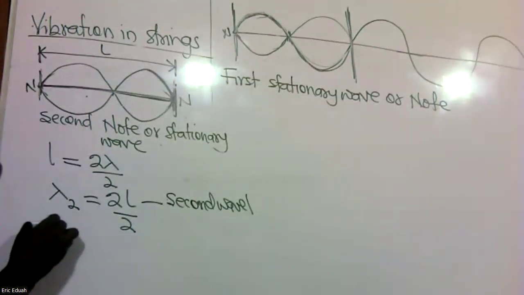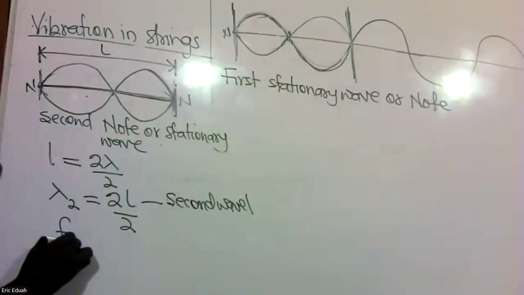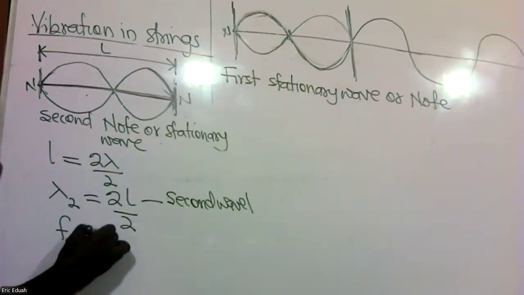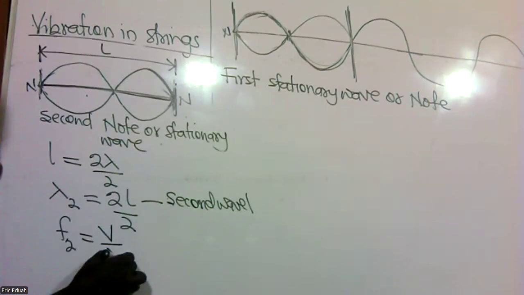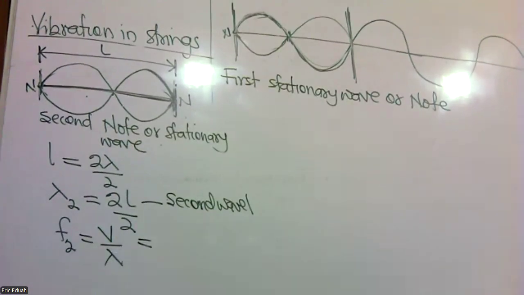I want you to help me determine F2 from V over lambda. What do you think will be F2? What will be F2?